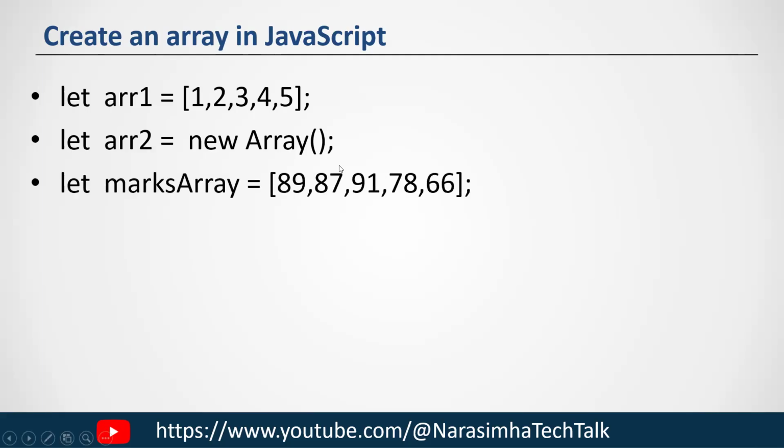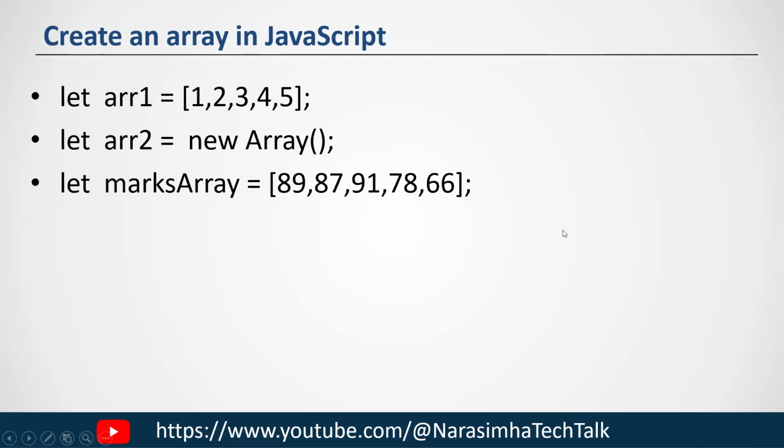Next, one more array, the marks array. While you are giving the name, please try to use the word array as a postfix. It is just a coding standard, so that wherever you observe this variable name in the program, it is easy to identify. So maintain proper coding standards. Here I've mentioned 5 subject marks.